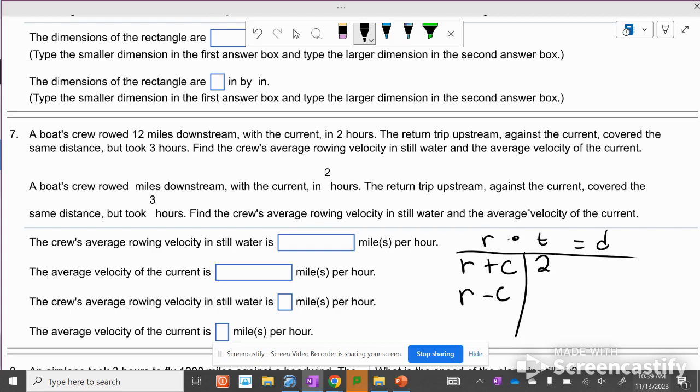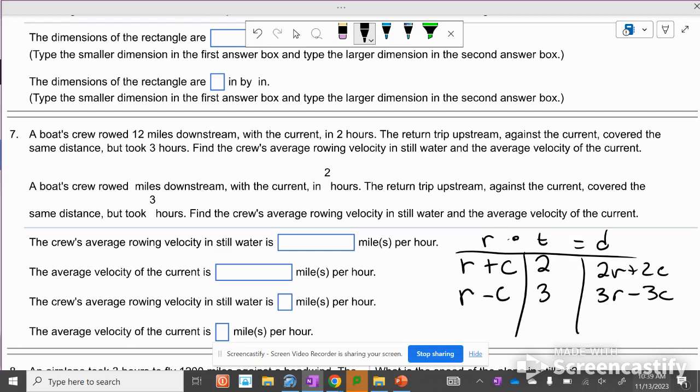Rate times time equals distance. So against the current, it took 3 hours. So their distance that they rowed is 2r plus 2c, and their distance they rowed this time is 3r minus 3c. Okay? What do you think about those two distances, though?